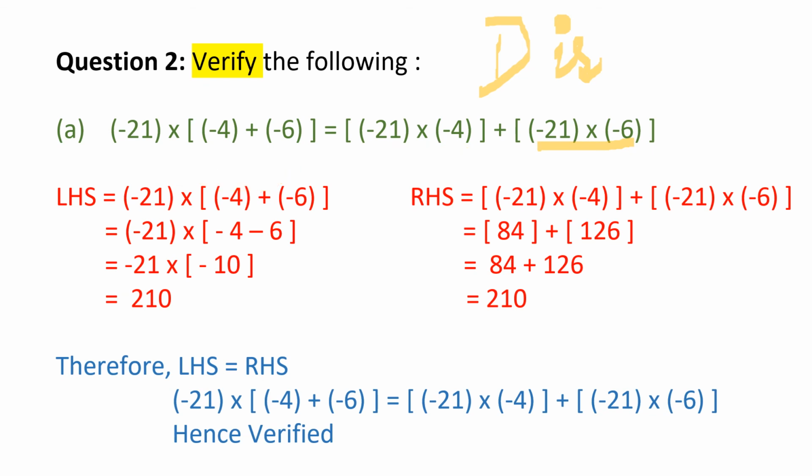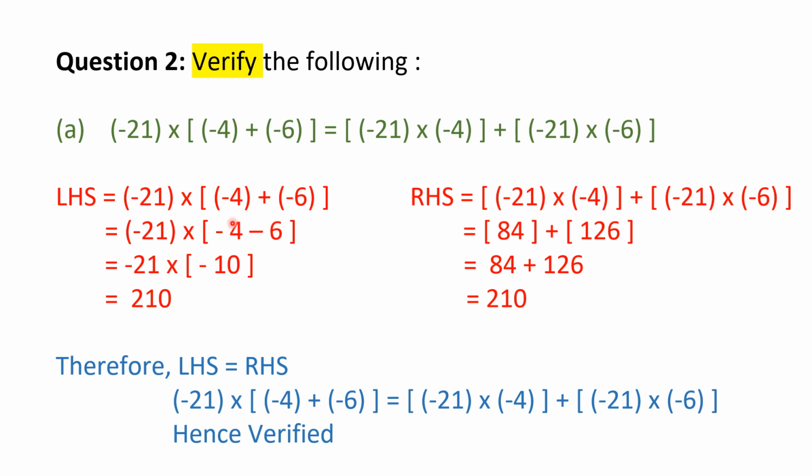So anyway, we're taking the right hand side and the left hand side. First let's take the left hand side. Left hand side is this. So minus 21 remains as it is. First solve the bracket. Minus 4 remains as it is. Plus minus becomes minus, right? So minus 4 plus minus minus 6, so minus minus plus.